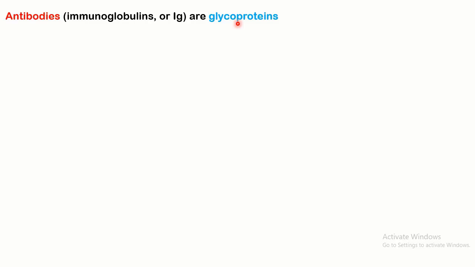What I mean by that is that when these immunoglobulins are made in the protein form, they go through the process of glycosylation in the post-translational modification, and in this mechanism the carbohydrate moieties are attached to these immunoglobulins, which are actually protein in nature. So when you attach the carbohydrate moieties to the proteins, we term them glycoproteins. So the immunoglobulins are glycoproteins in nature.